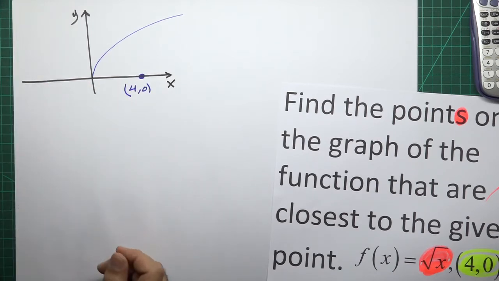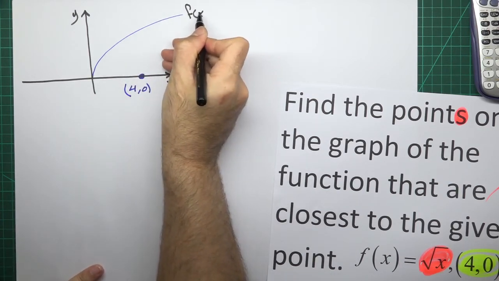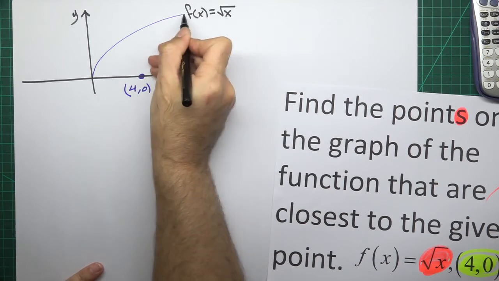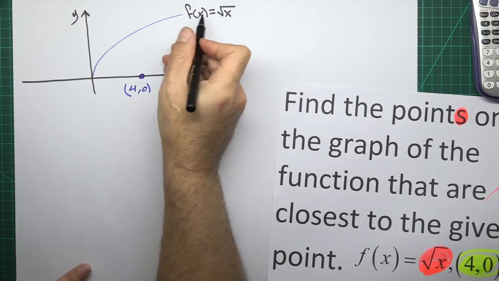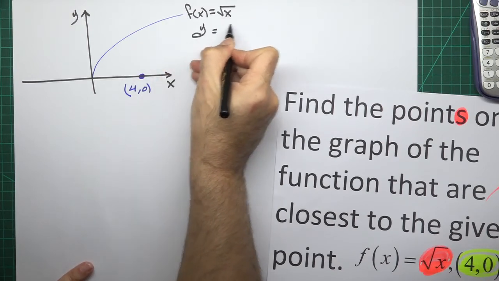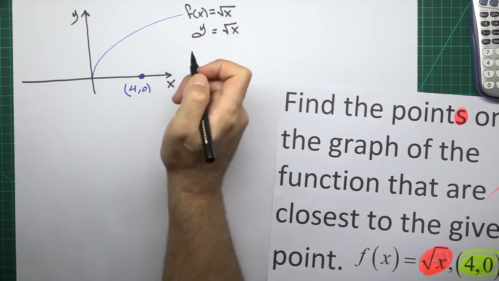And as you know, we have infinitely many points on this graph. Instead of writing f of x equals square root of x, let me write y equals square root of x. Both are correct.